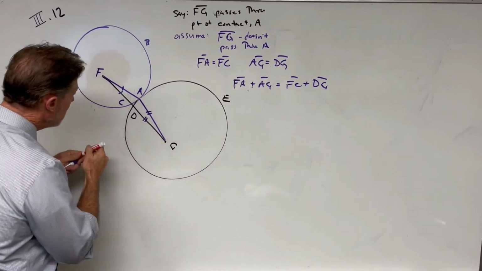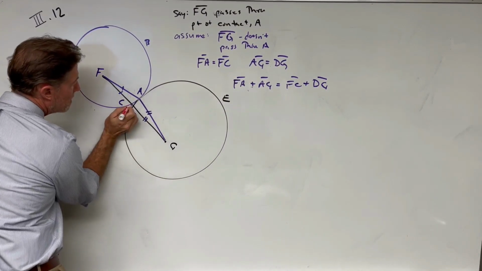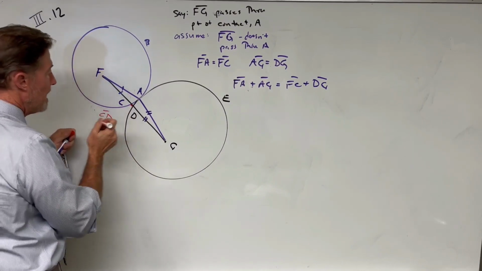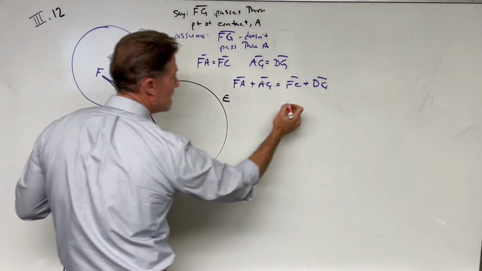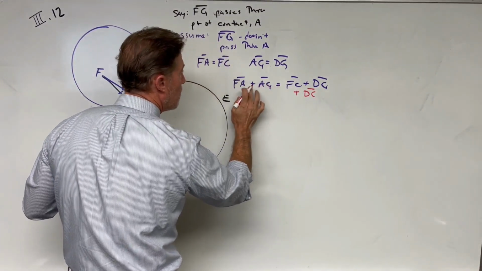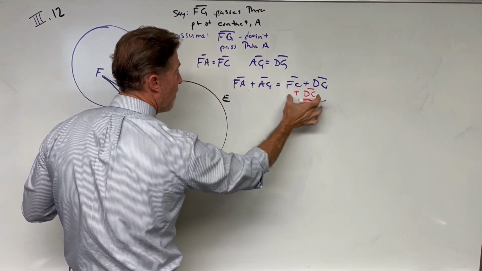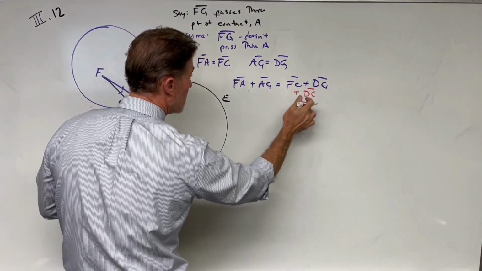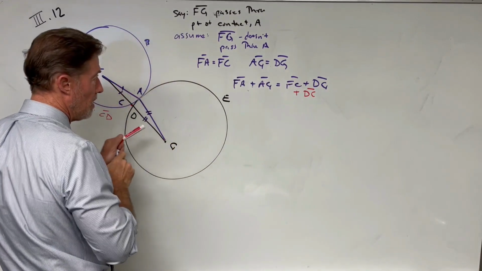We still have this little piece right here. This little piece I'll put in red here, CD. And so if we added that little extra piece over here to this side, DC, we're going to break our equality, right? Now we're adding a tiny bit extra. Therefore, if we add all this together, this side is going to be greater than this side.